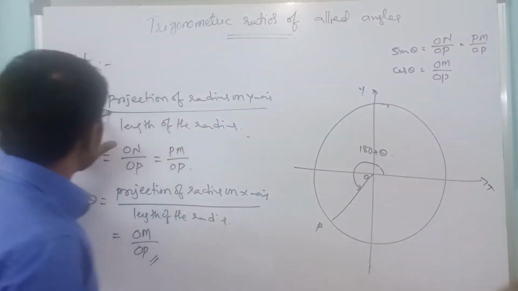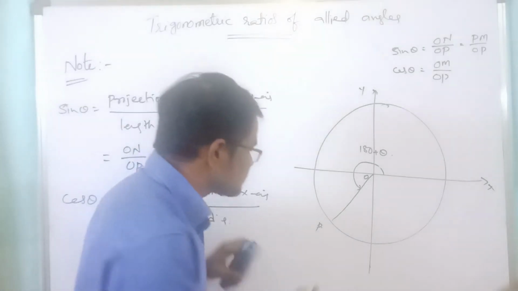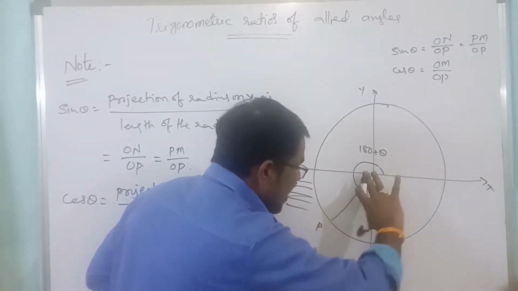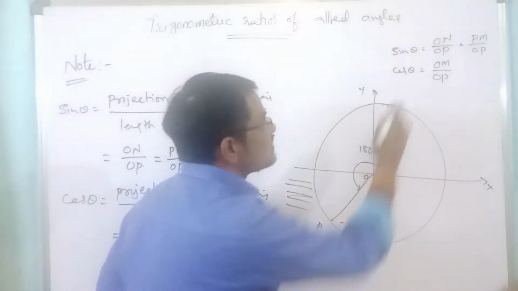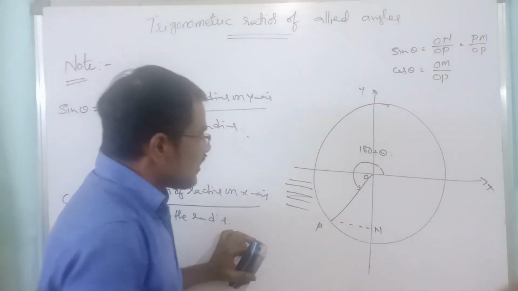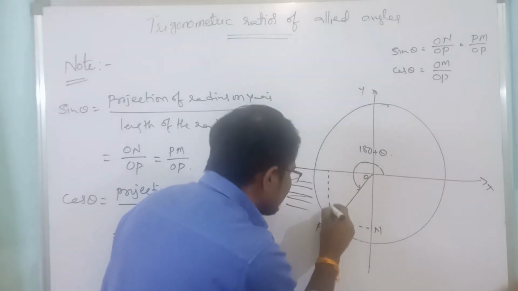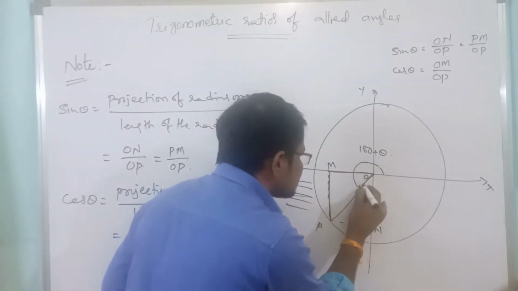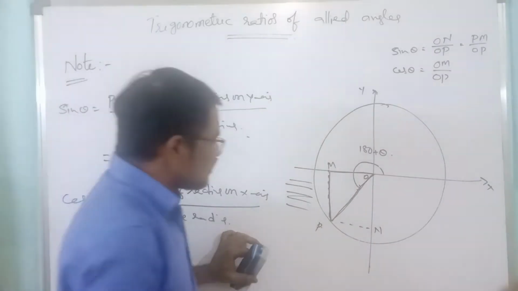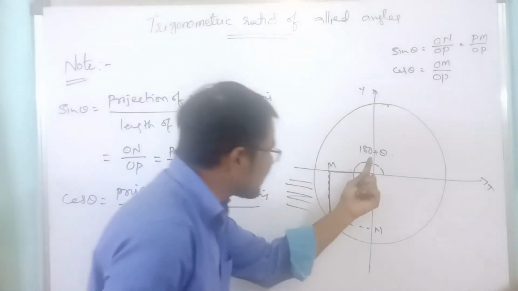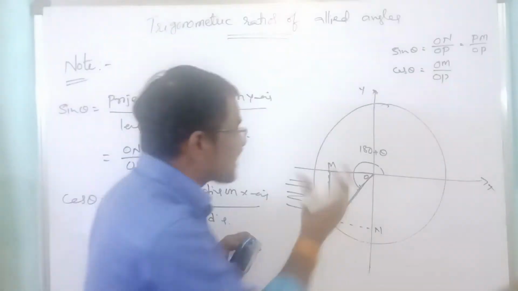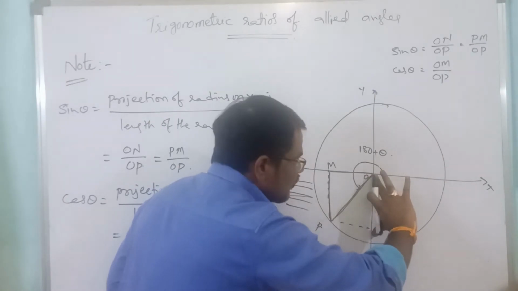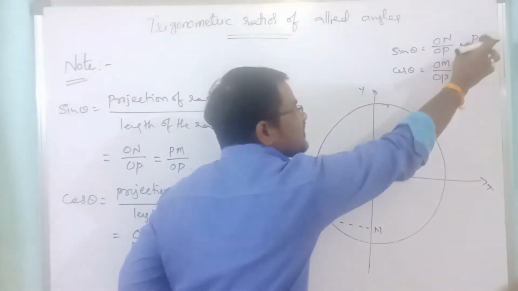Here also sin theta is the projection of the radius on the y-axis, which is ON, so ON by OP, right? But ON is equal to PM if you create a right angle triangle from these sides. So the definition of sin theta is the projection of OP on the y-axis, and ON is nothing but PM, so PM by OP.